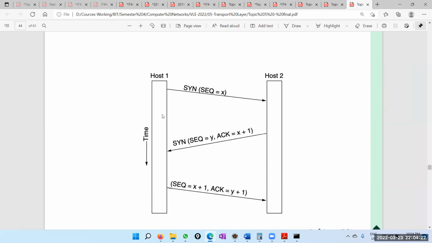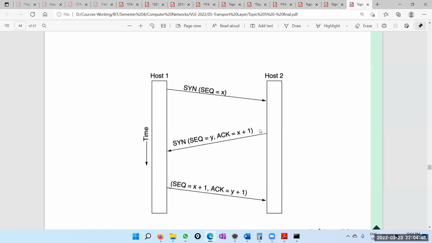So because not only do we have to know that I can see his packets, I have to double check whether he can listen to what I am saying. So that is why we are setting this up. Now when I get x plus 1, I know that this round trip is okay.